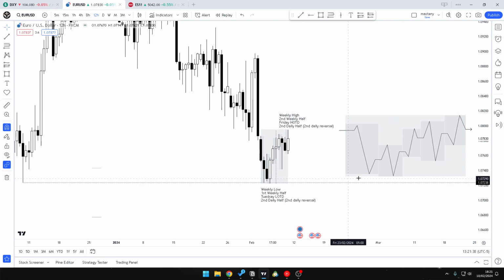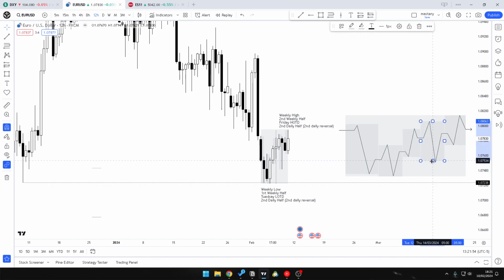We can see also that on Thursday, price making a new high of the week made the first reversal of the day, making this high of the day. It then delivered lower into a discount of the Tuesday low to this Thursday high, and then price made the second daily reversal.